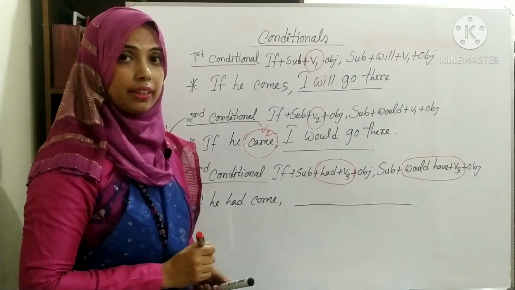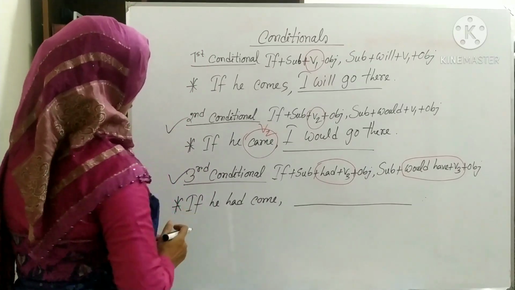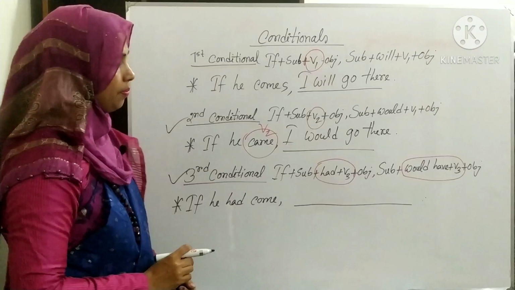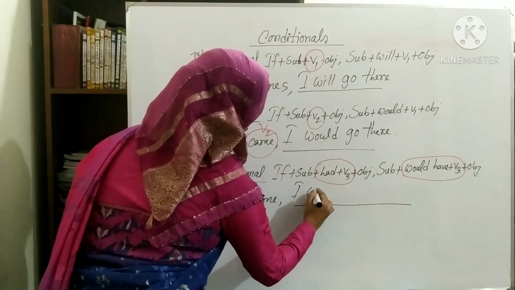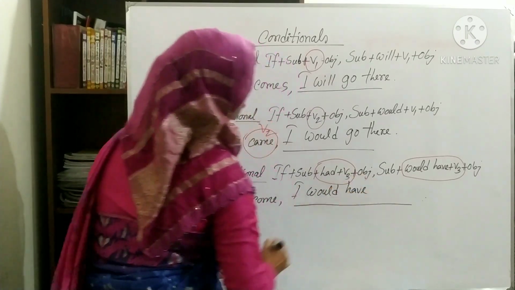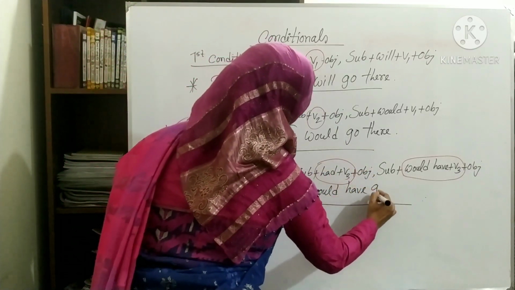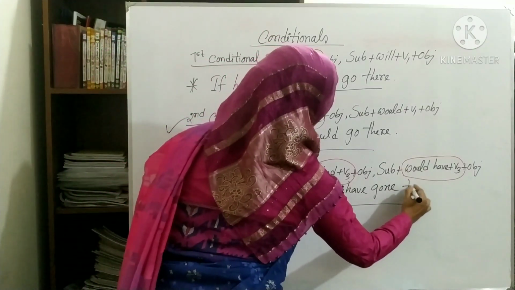So what will be our answer for this structure? I have written the sentence: if he had come. So our answer will be: I would have, and what will be our verb? Go will be gone. I would have gone there.